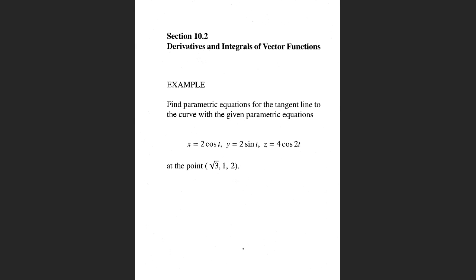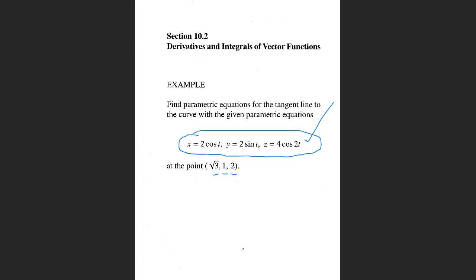Okay, so we want to find the parametric equations for the tangent line to the curve with these parametric equations at the point root 3, 1, and 2. I always find it helpful to draw a little sketch of what I'm doing here.